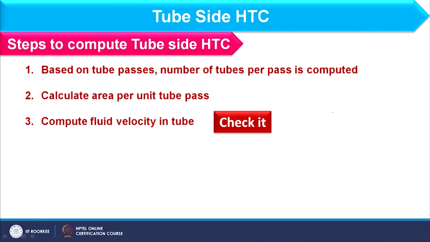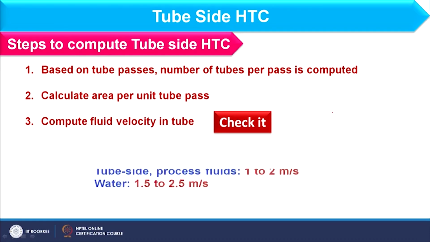tube side, right. Now, once you have that, you have to check it. Okay. What do you have to check? Just recall the lecture where we discussed basic design parameters, and there we discussed the limits of velocities as well as pressure drop.